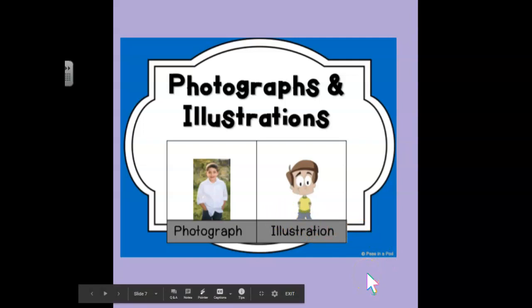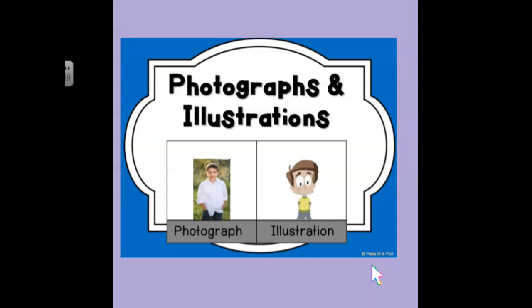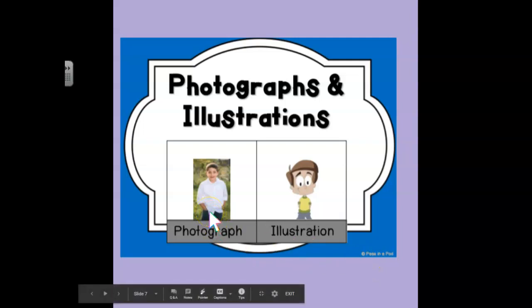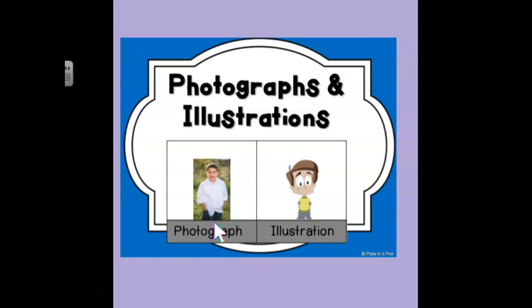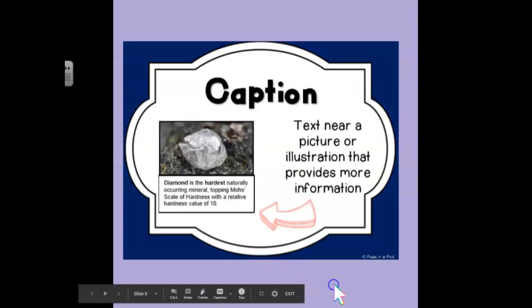All right, which one would an author choose to use if they want you to see very detailed examples of what something really looks like in real life? That author would choose to use a photograph. It's going to give you the best way of seeing what it really looks like in real life and giving you the most detail.